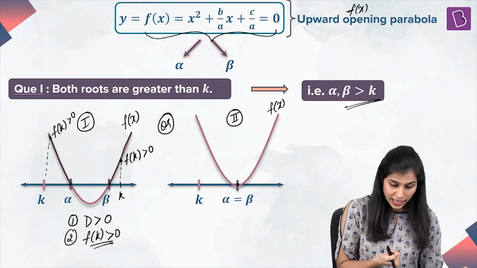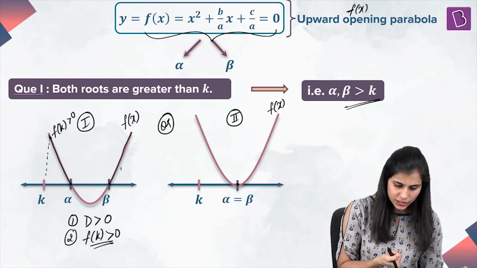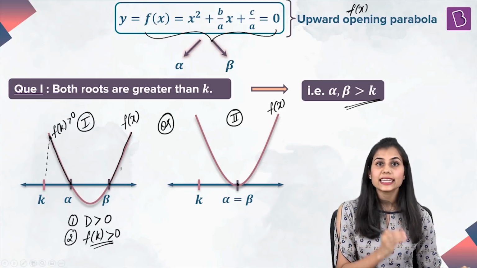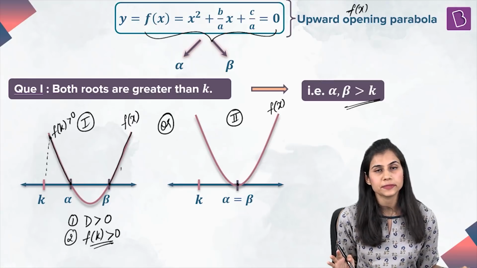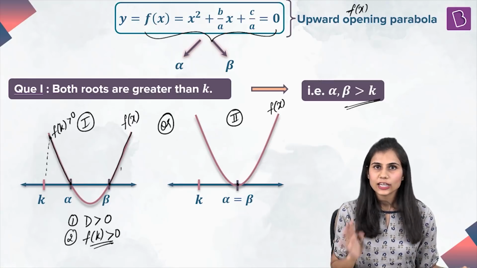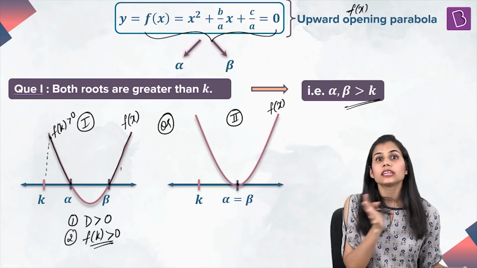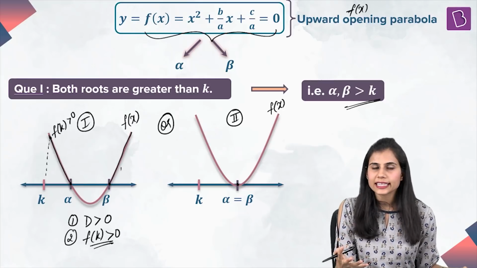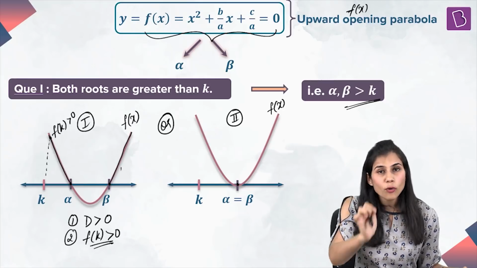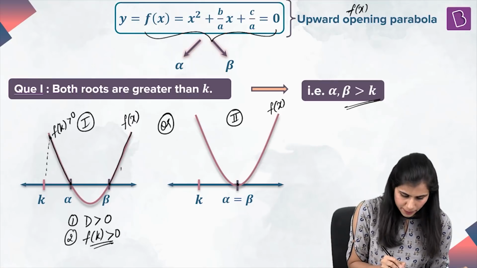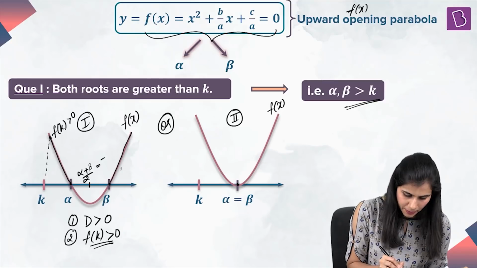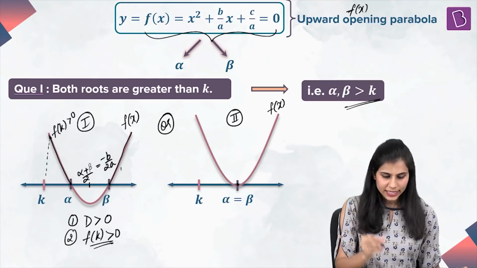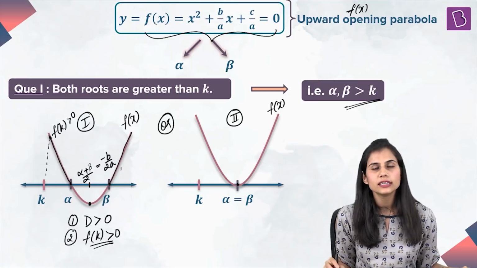That means I need another condition, a third condition, to ensure that k is sitting on the left of alpha and beta. Now, when I say that k is lying to the left of alpha and beta, in other words, I can say that k is lying to the left of the midpoint of alpha and beta. You know the midpoint of alpha and beta, that is (alpha plus beta) by 2, is nothing but minus b by 2a, which is the x-coordinate of the vertex of this parabola, right?